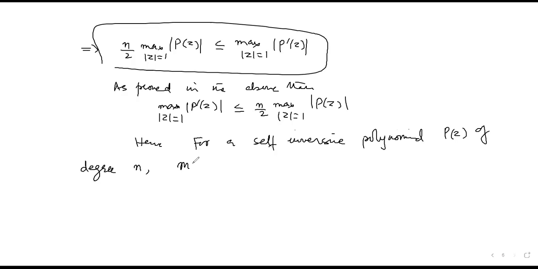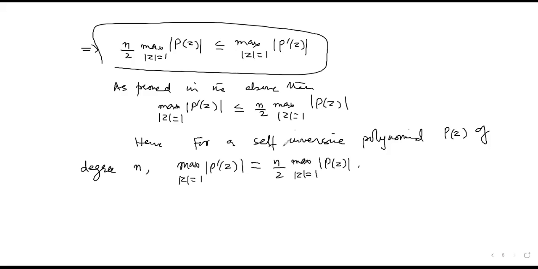I can just replace it by equality. Maximum over mod z equal to 1 of p dash z is equal to n by 2 into the maximum over the unit circle of p of z. Okay.